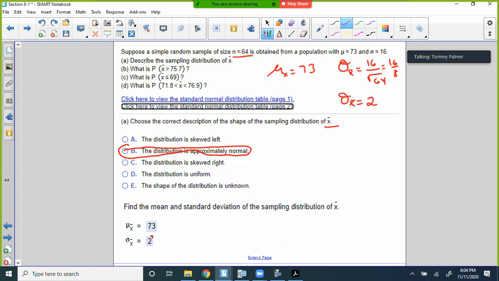No matter what the population curve looks like, if we're looking at the sample mean, then we can normalize it. So it's approximately normal. So find the mean and standard deviation of X bar, done, those two calculations. So that's part A, just that portion of it. Any questions on that? Anybody?